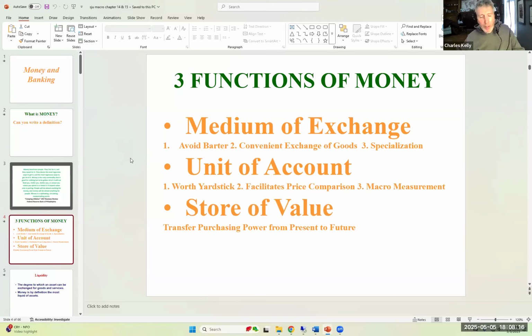So whenever you're using money as a way to compare the value of economic activities, goods, or services, or if you're using money just to estimate, like, okay, a college education costs this much money.